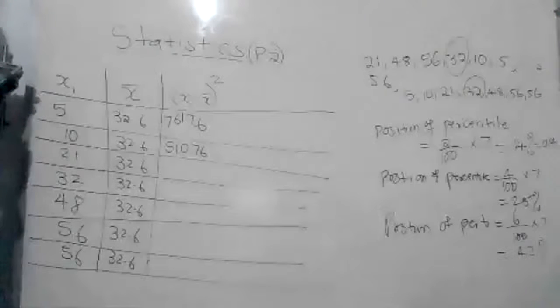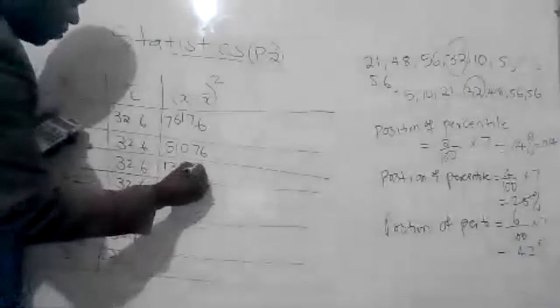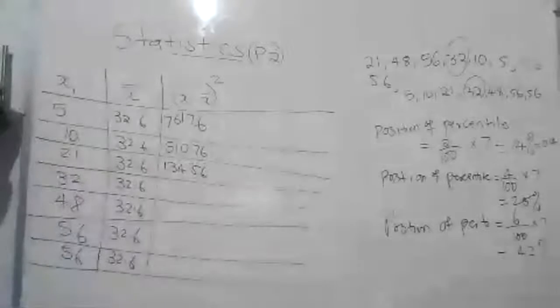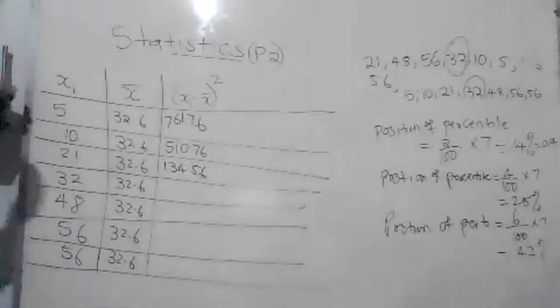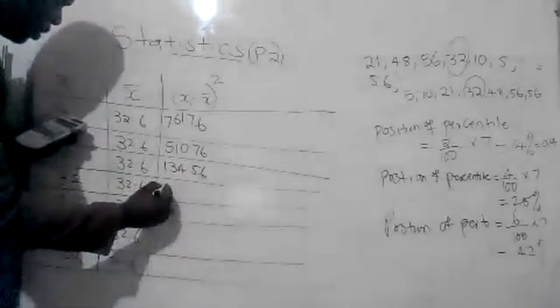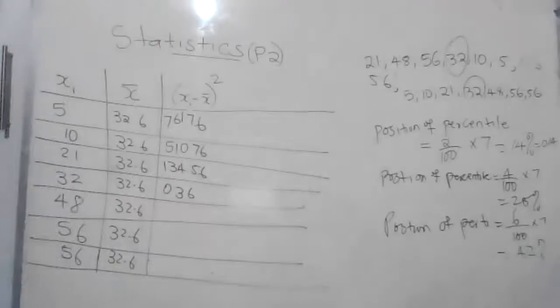That will give you 134.56. Then we go to the next one, 32 minus 32.6, and then we square it. That will give us 0.36.